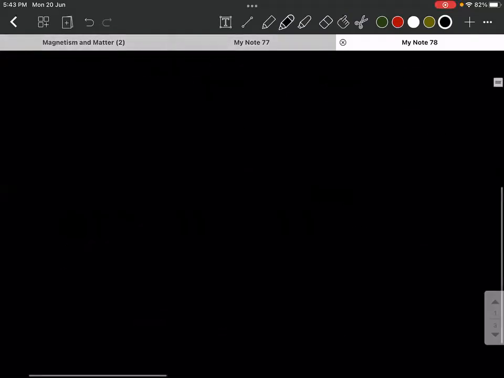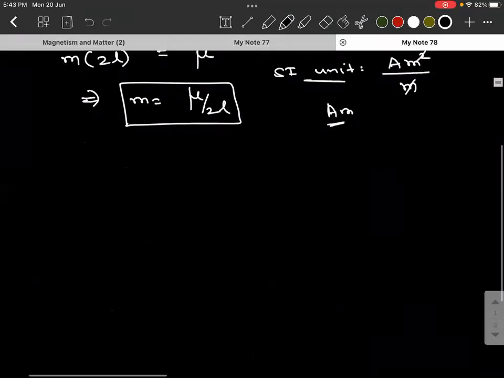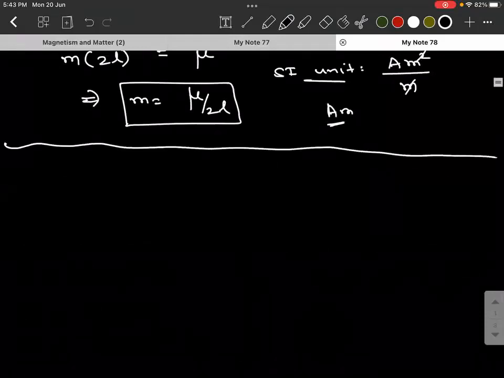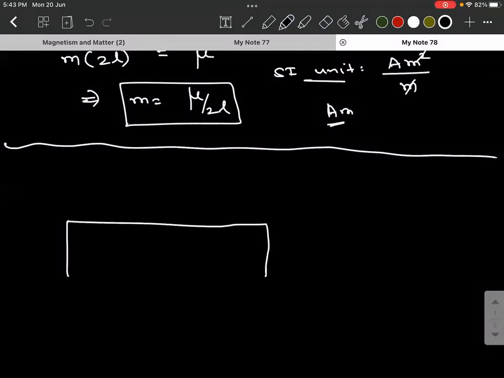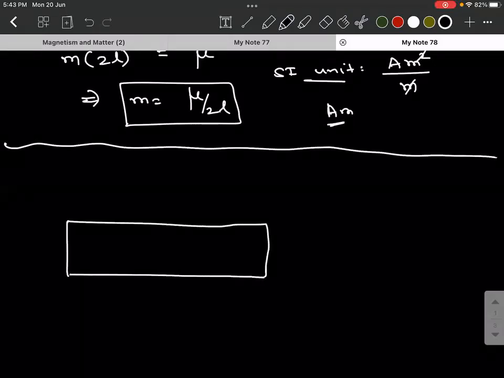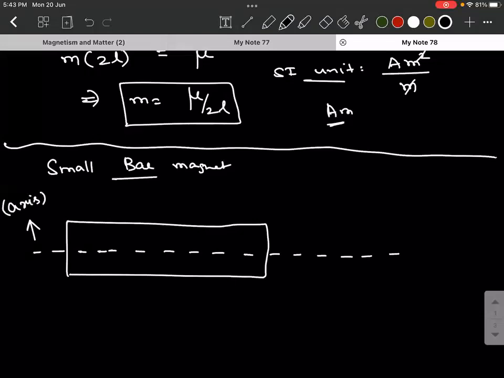Now, based on this, I'm going to explain a derivation. Now, if I take a small bar magnet, what can I call this with respect to the magnet? It's called the axis.